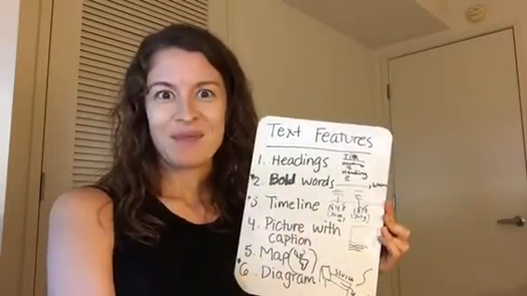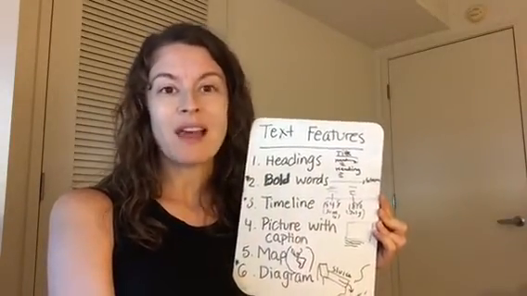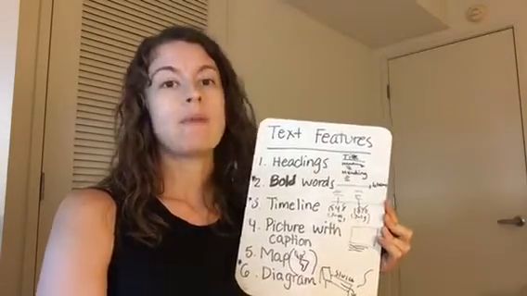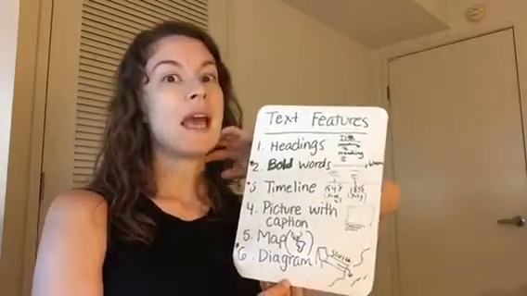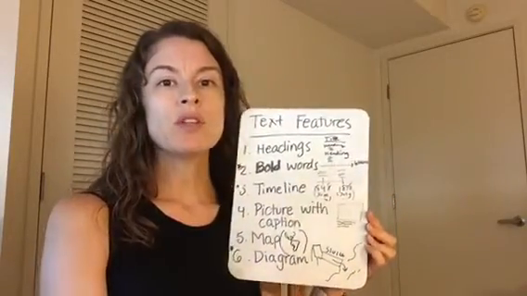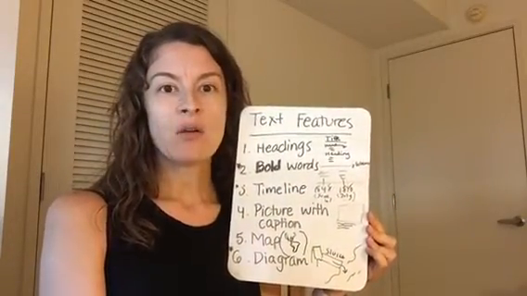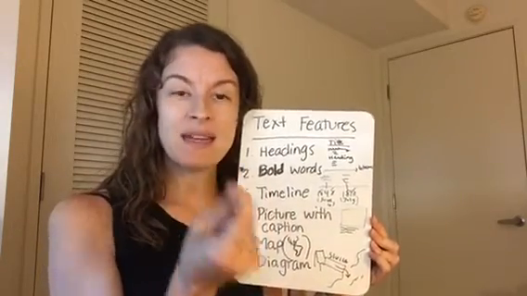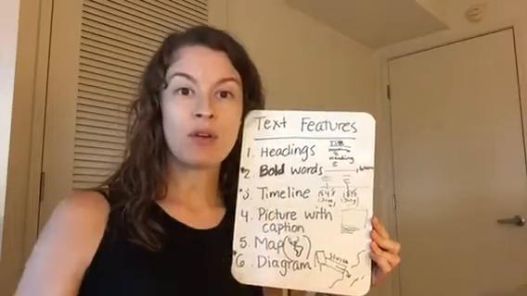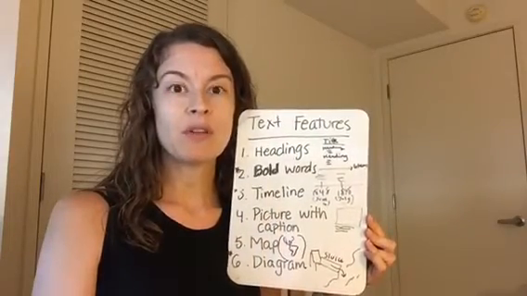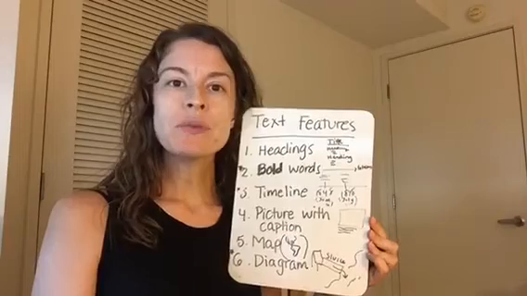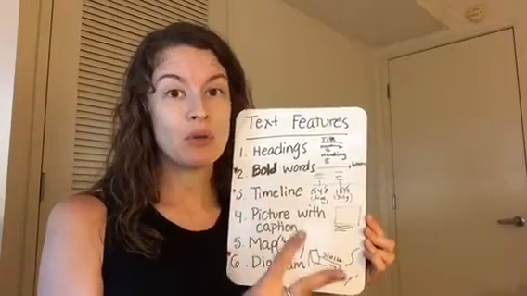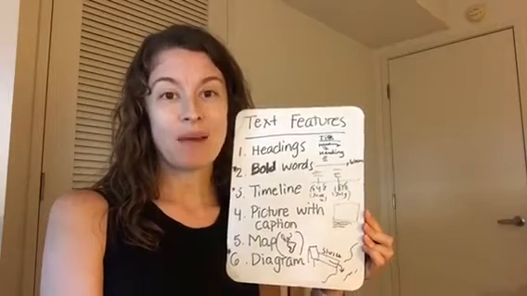Bold words. Today you are going to select which bold words you want in your text. Now remember, you don't want to just choose any bold word. You want to choose the words that are going to really help your reader understand your big idea in every one of your chapters, okay? So there should be 1, maybe 2, maximum 2 bold words in each chapter.